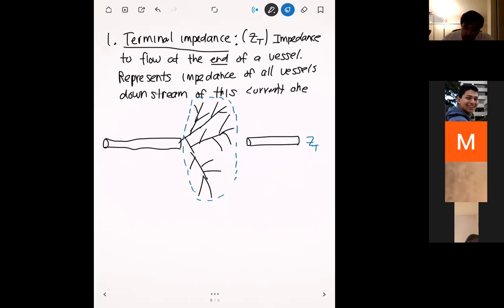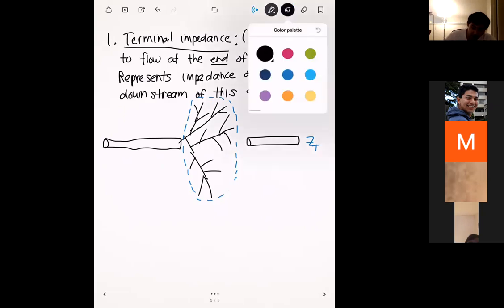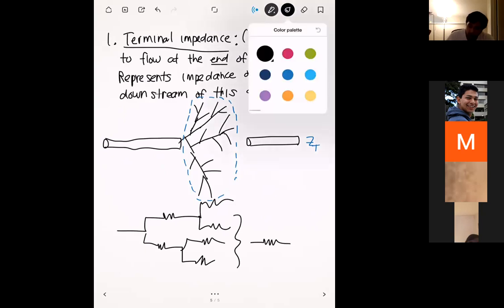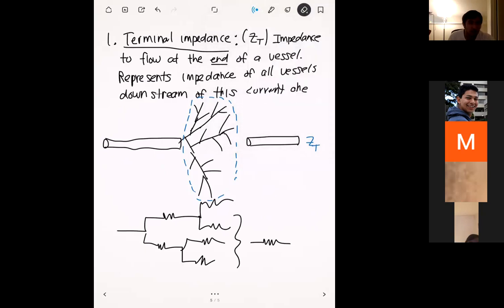Instead of having a very complex resistance network, instead of worrying about all these different resistances, we can sum this up into just one resistance value, the equivalent or total resistance. Impedance and resistance are different, but they're like two peas in a pod. The terminal impedance is the impedance of all the vessels that we don't see, because they're outside of our area of interest.